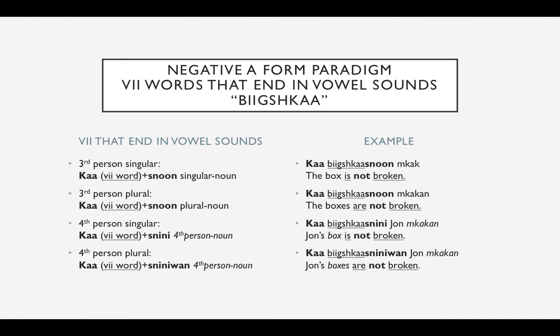So ka bikshka snon mkak, that's our third person singular example. Ka bikshka snon mkak, the box is not broken. So we're just talking about one box not being broken. The third person plural example, ka bikshka snon mkakan.